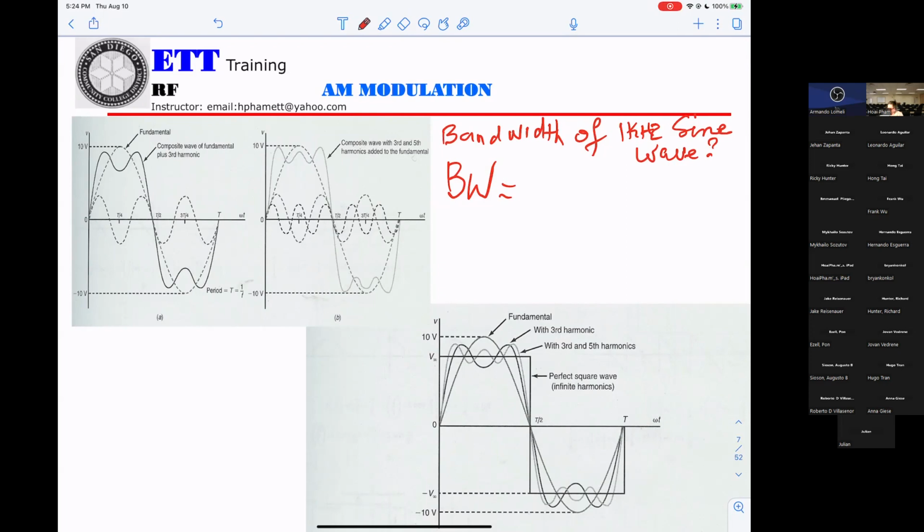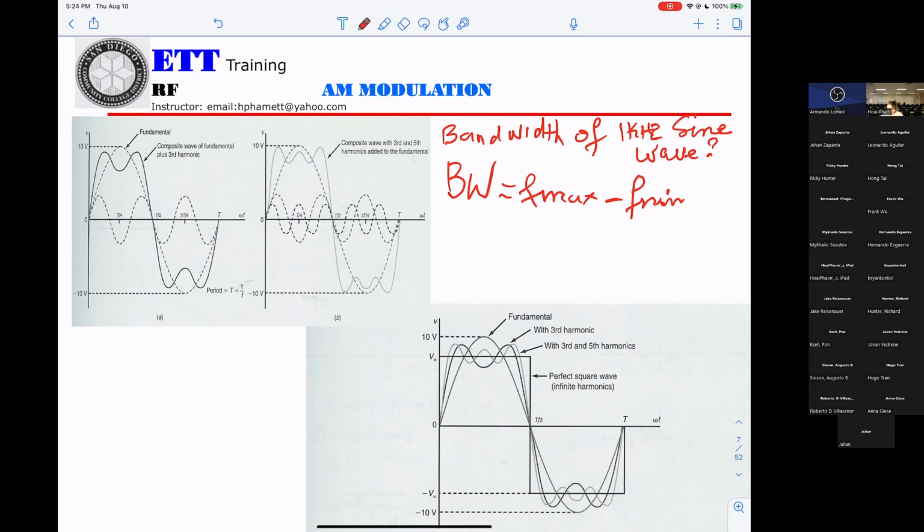Now, the definition for the bandwidth. That means the difference between F maximum minus F minimum. For a 1 kilohertz sine wave, the maximum and the minimum are still 1 kilohertz.